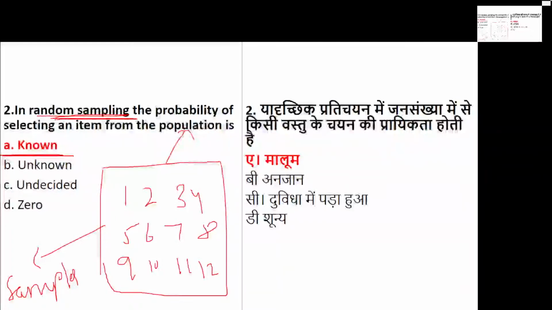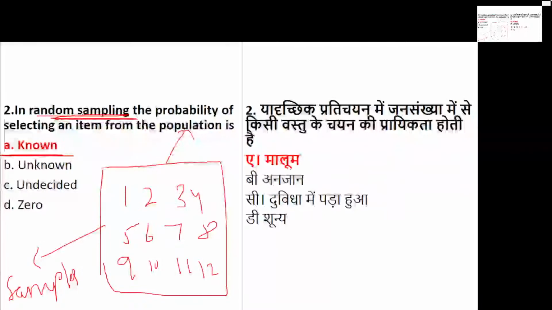Random sampling. There are 12 numbers in the box. If I'm taking random sampling, it means I can pick any number randomly. So what are the chances of which number will be selected? The probability is known. All the numbers get a chance.